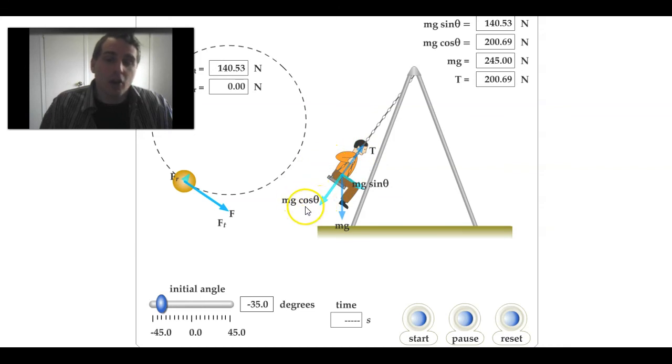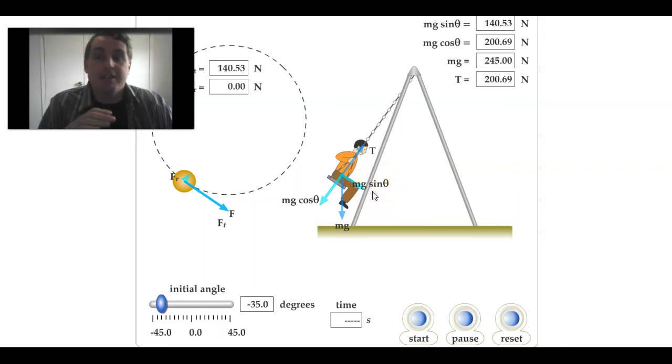That's because cosine theta is a decreasing function of theta as theta goes from 0 to 90 degrees. So when we're at theta equals, say, 30 degrees here, cosine of 30 degrees is only square root of 3 over 2, and the sine of 30 degrees is 1/2.